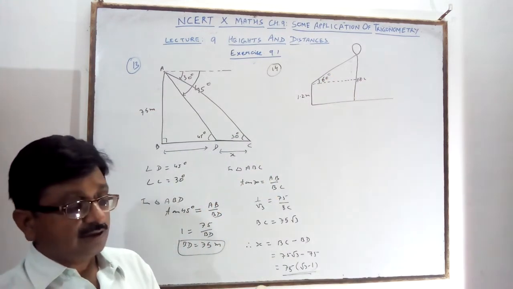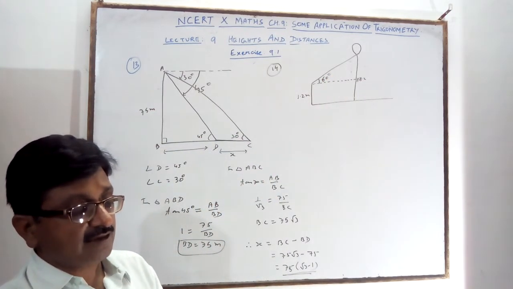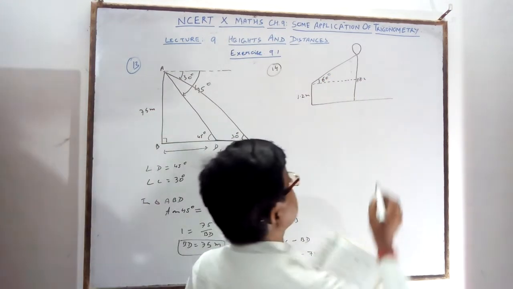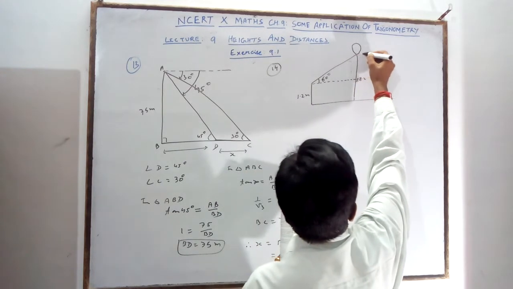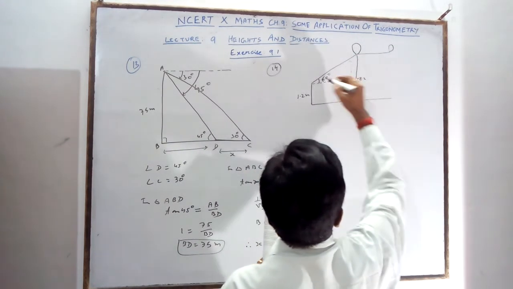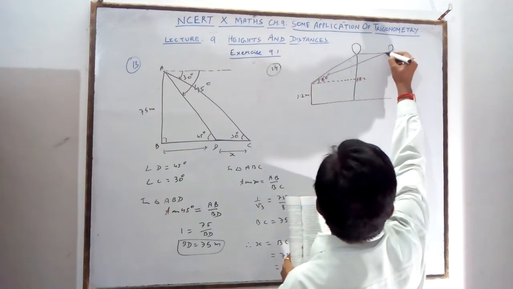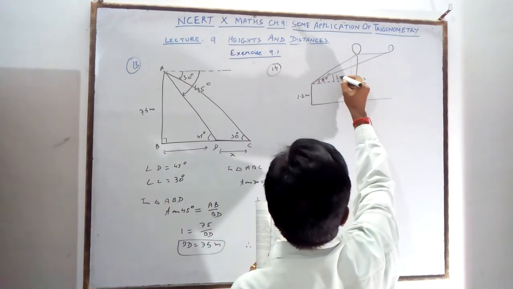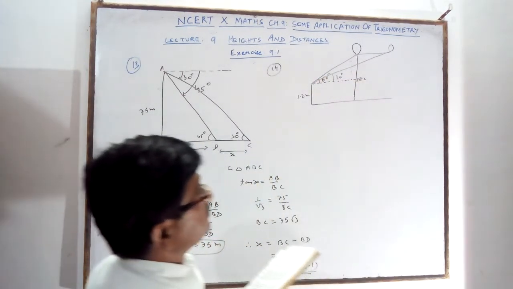Then after some time the angle of elevation reduces to 30 degrees. It means the balloon is going in this direction. Now the balloon is at this place, and she observes the angle changes to 30 degrees from the same point.